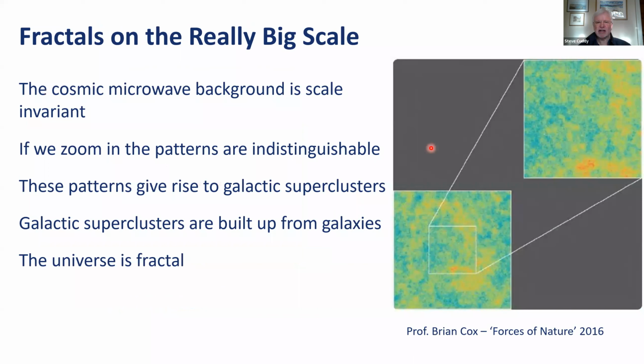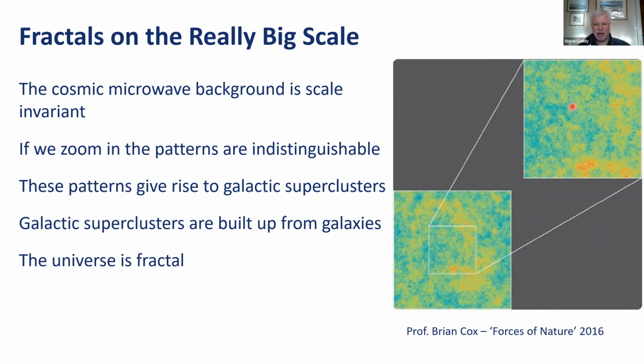But we also see fractals on the really big scale. And how can it get any bigger than the cosmic microwave background? I took this from a page in Professor Brian Cox's book. And what you see is the cosmic microwave background. It's the leftover signature from the Big Bang.